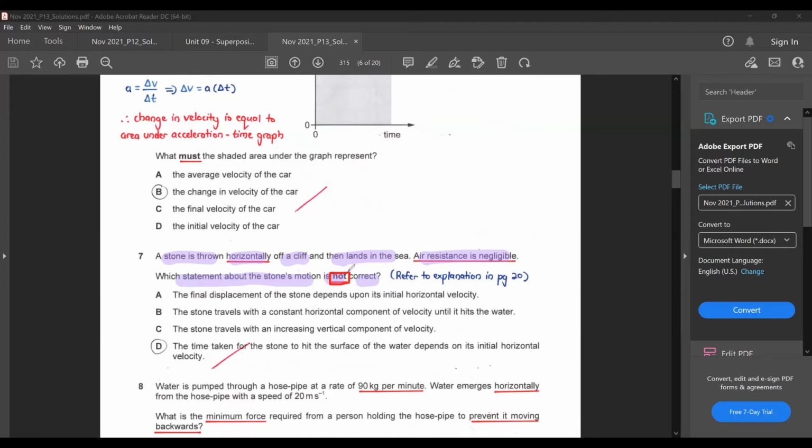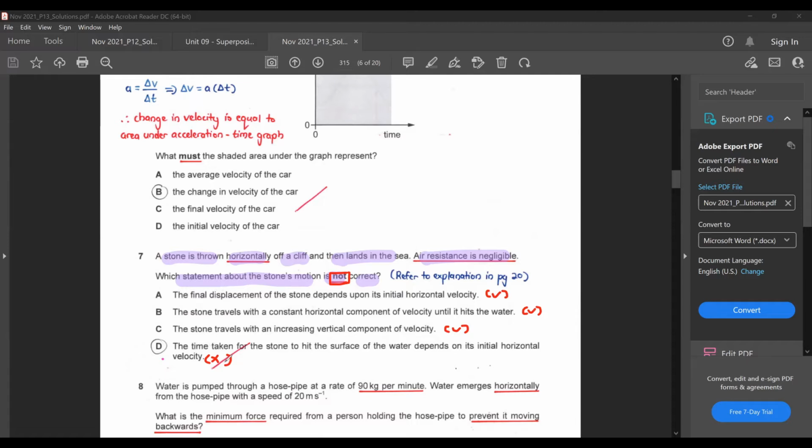So what is not correct about this situation? Since you're trying to find out which statement is not correct here, the answer is D. The rest of the 3 statements are actually correct. It's only D that is wrong.